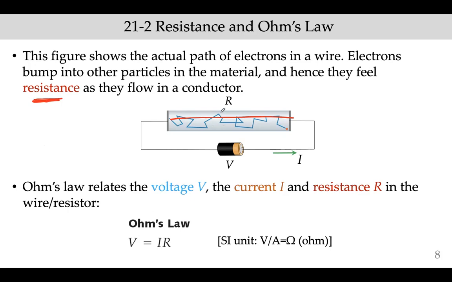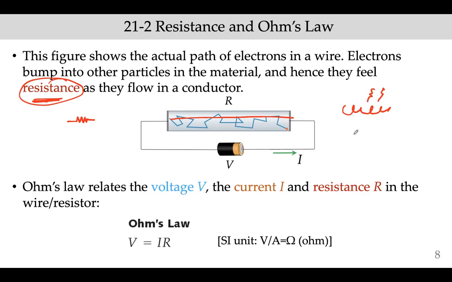This is, in fact, the source of resistance in the wires or in the circuit elements called resistors that we will see in the following slides. Resistors are shown like this in the circuit as circuit elements. So basically these collisions are the reason for resistance. And by means of these collisions, when you have a heater, we get heat.